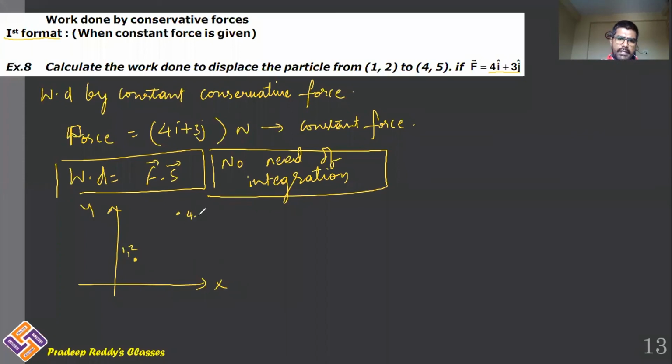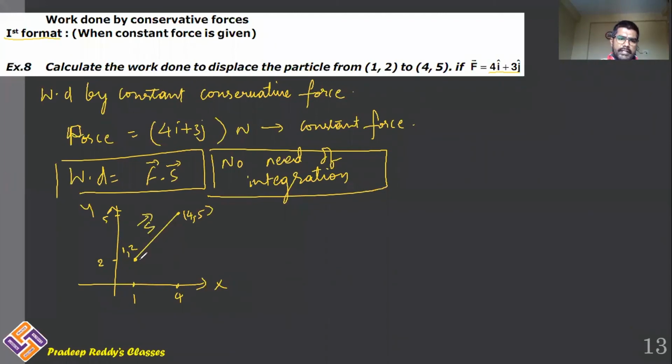On the x-axis it is 4 and on the y-axis it is 5; on the x-axis it is 1 and on the y-axis it is 2. Now, where is the displacement taking place? Displacement is from 1, 2 to 4, 5. This is the displacement vector S bar.